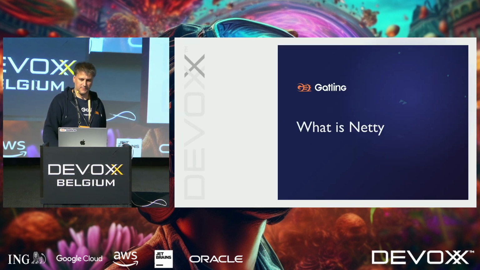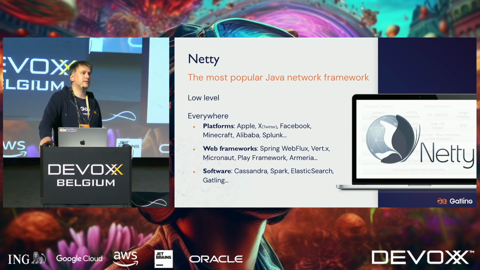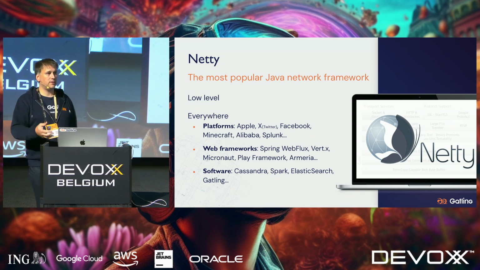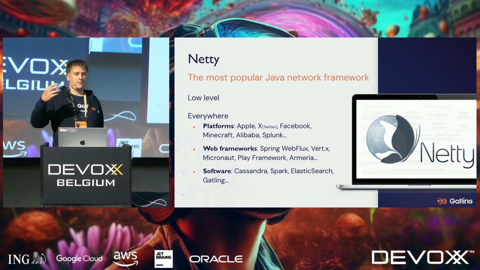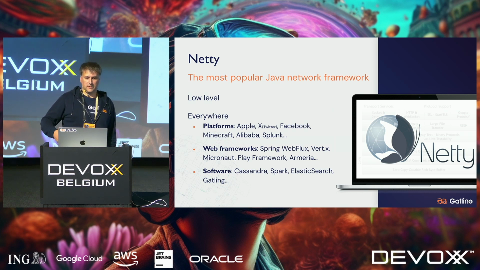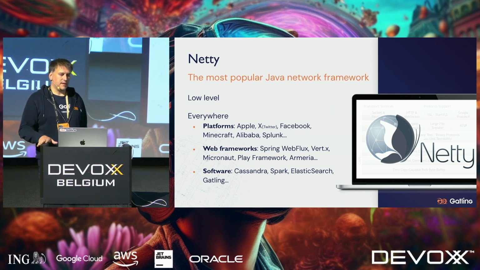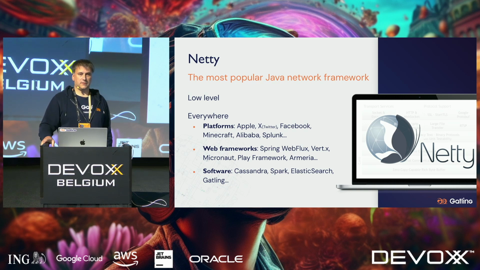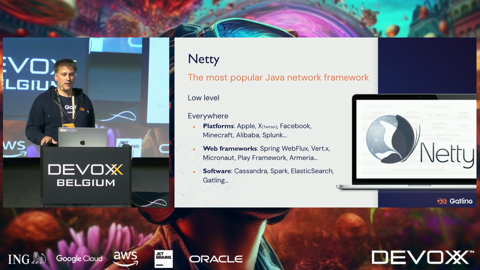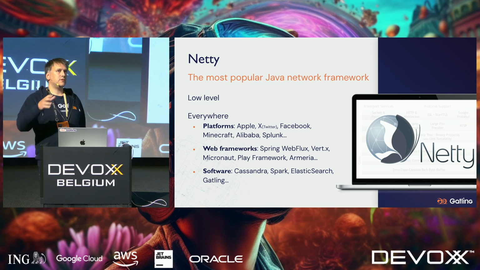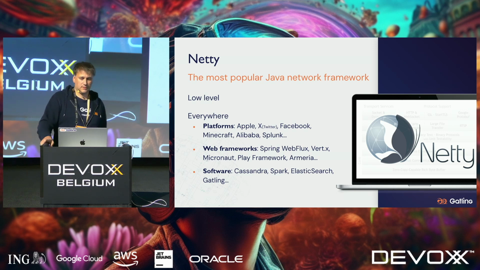So first, what is Netty? So Netty is definitely the most popular network library for the Java ecosystem. It's a low-level API, honestly, but it's actually used everywhere. It's used in most of the web frameworks that you're going to use as Java developers. So, for example, Vert.x, Micronaut, Armeria.